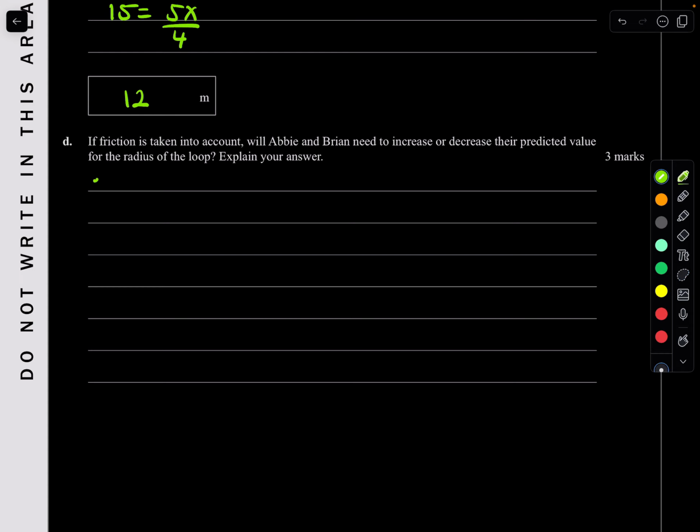So the radius must decrease, as we said velocity is equal to the square root of rg.